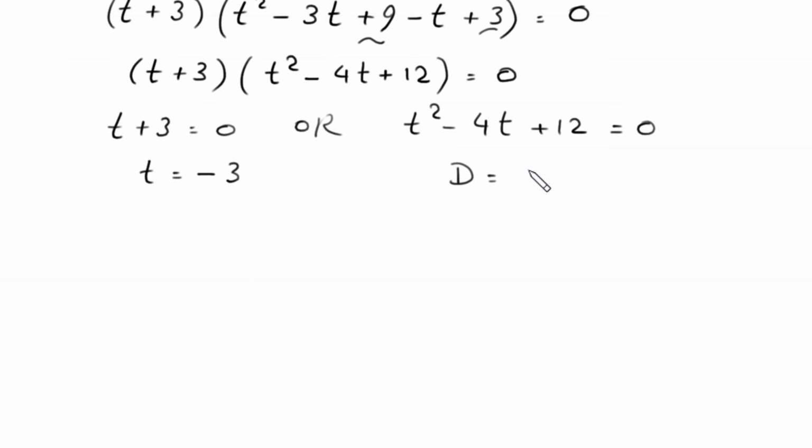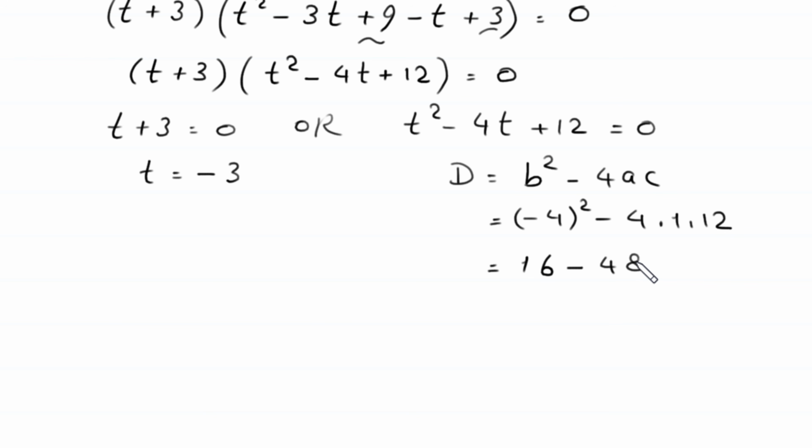Discriminant is equal to b squared minus 4ac, so this will be negative 4 squared minus 4 times 1 times 12, which is 16 minus 48, and this is equal to negative 32. So the discriminant, also called delta, is less than 0. So no real solutions can be found from here. So we accept only this value of t, negative 3.